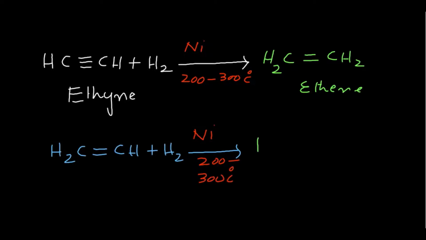Under these conditions, 1 mole of hydrogen is added to ethene and ethene is finally converted into ethane. So in this way we get the ethane molecule from ethyne. I hope this reaction is clear to you students.